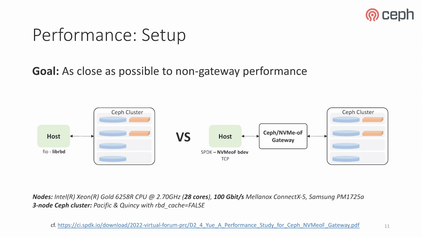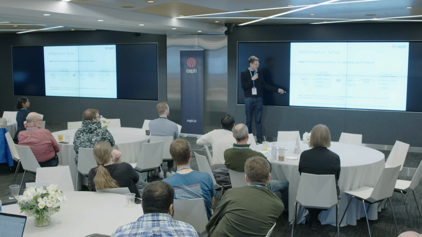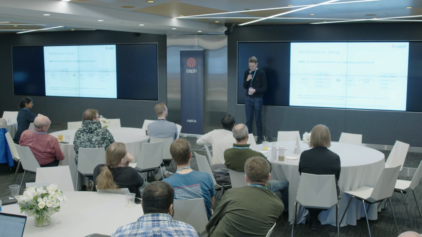Even if you co-locate the gateway with an OSD, that means only for that particular OSD you're local, but for all the others you would still be remote. So it will still be 2 hops. This was run on a little lab setup with a 3-node Ceph cluster.